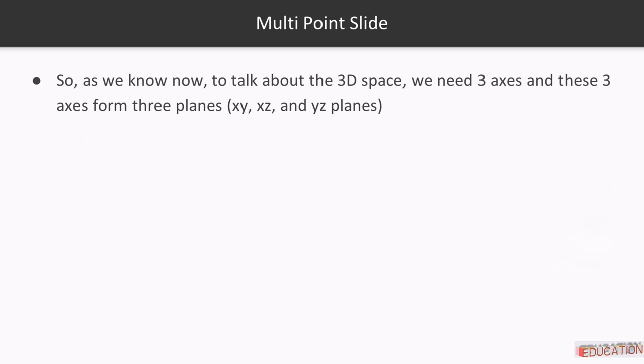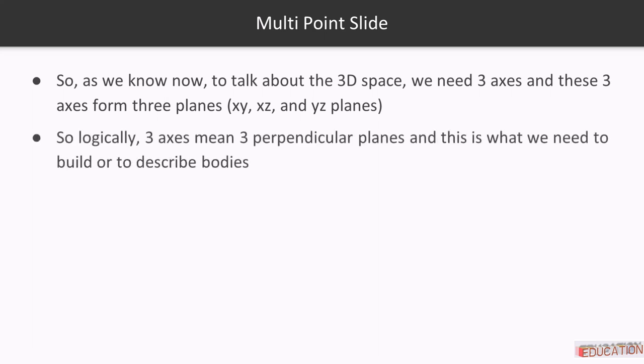So now, to talk about the 3D space, we need 3 axes. And these 3 axes form 3 planes: xy, xz, and yz. These 3 planes are perpendicular to each other, and this is what we need to build or to describe a body in the 3D space.